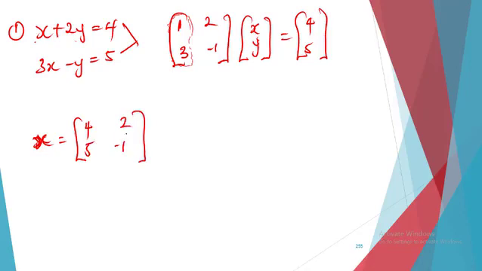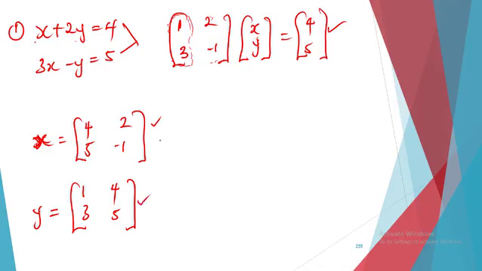And then for y, we replace the second column, which will give us 1, 3, and then 4, 5.